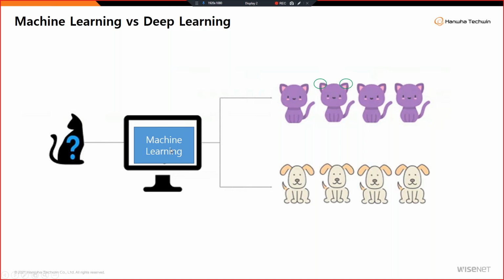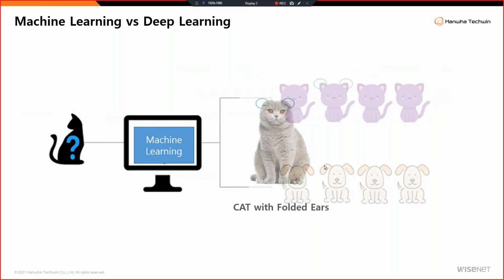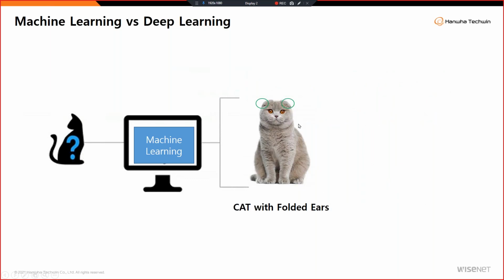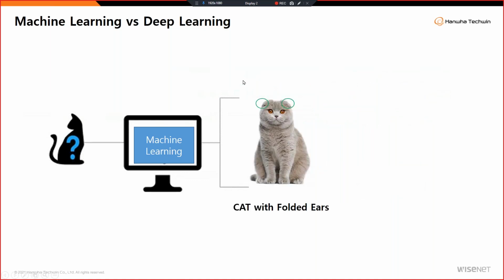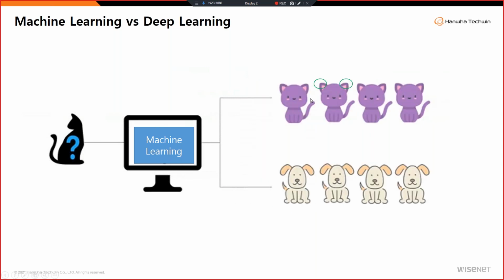Based on the information given by the developer, the camera will now look for objects. So according to the program, pointed ear should be cat, folded ear should be dog. So when it sees a cat with a folded ear, although it's a cat, according to machine learning, it's a dog.